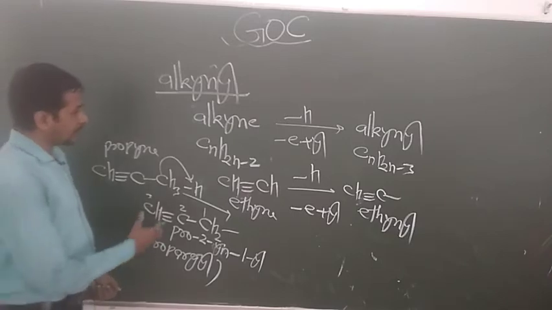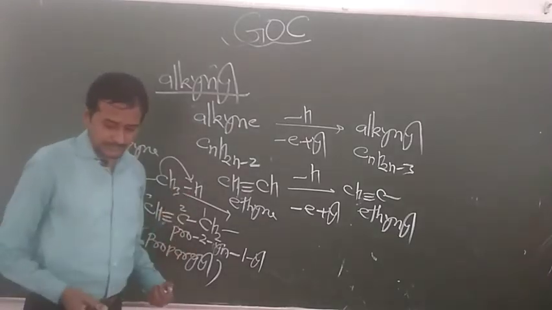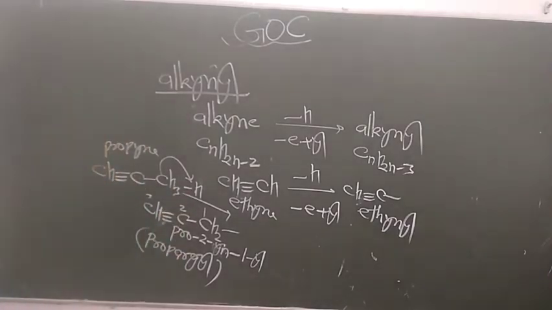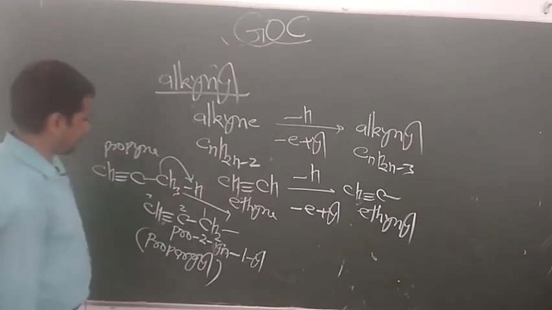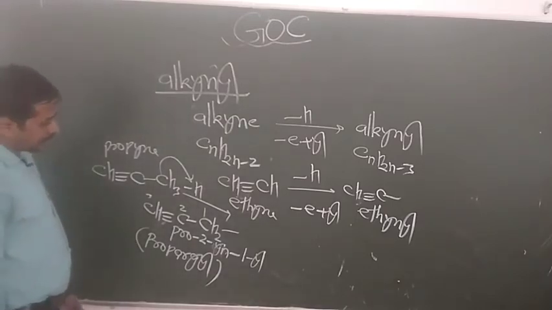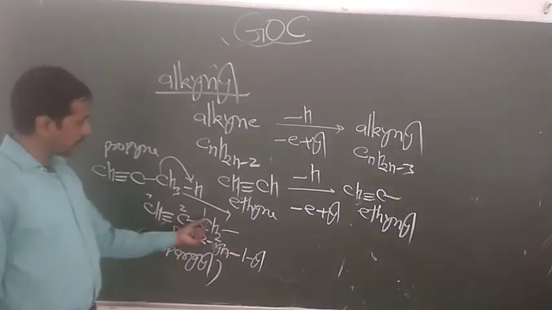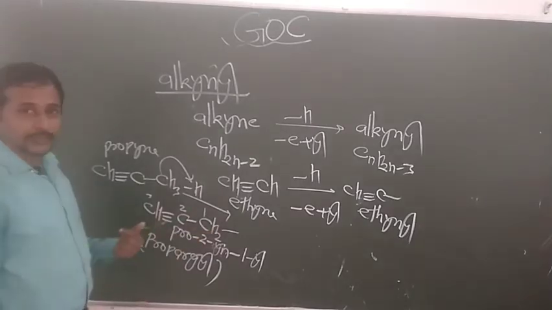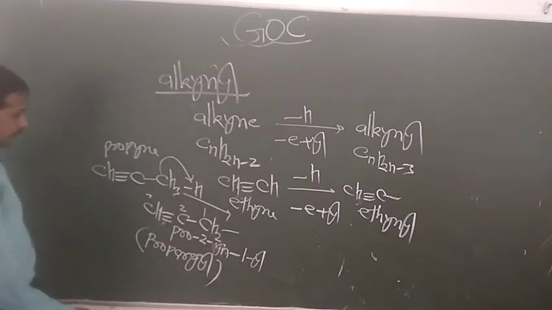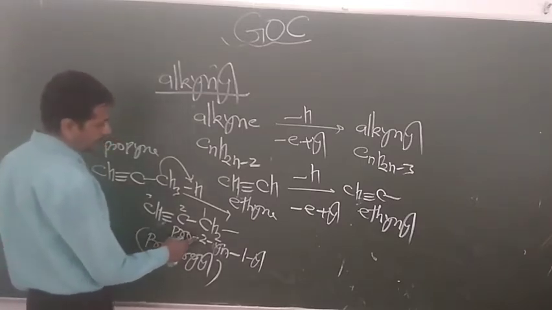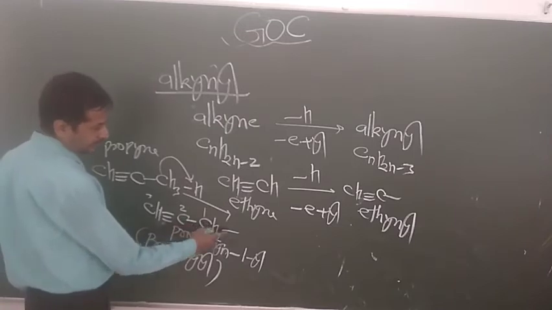So these are all about alkynes and the group formed by alkynes, that is alkynyl. Maybe one question is asked: how to write propargyl alcohol. So you have to write OH on this side and this gives propargyl alcohol. For IUPAC notation, numbering is done from this carbon, because one bond is free here.